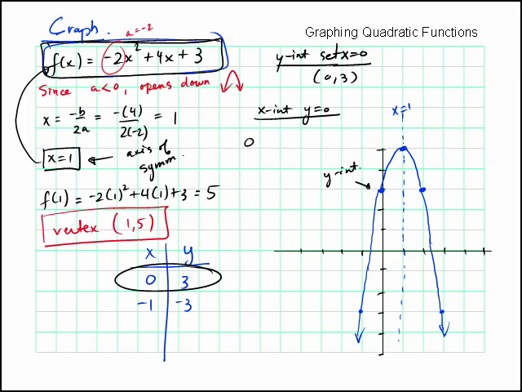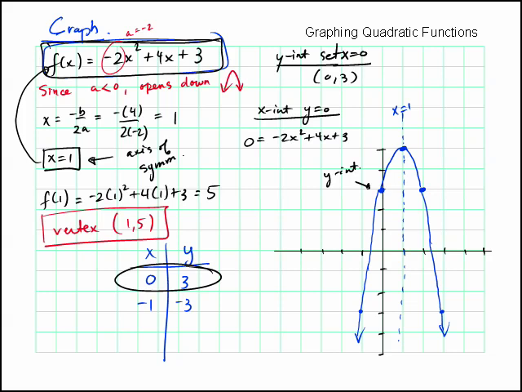It would give me 0 equals negative 2x squared plus 4x plus 3. Now, I'd have to solve that for x to actually know where the x-intercepts are. And it doesn't factor, and so what I'm going to have to do is resort to using the quadratic formula.